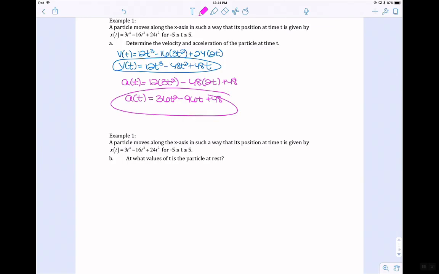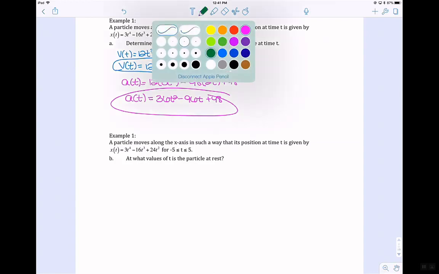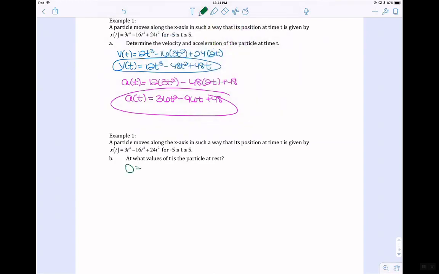The particle is at rest when the velocity is equal to 0. And that kind of makes sense. So the velocity being equal to 0, I'm going to take my velocity equation that I found in part A, and set it equal to 0. So 0 is equal to 12t cubed minus 48t squared plus 48t.